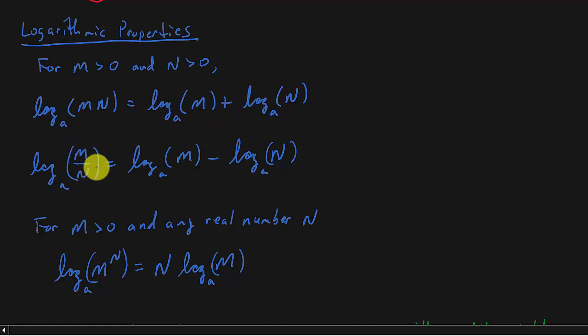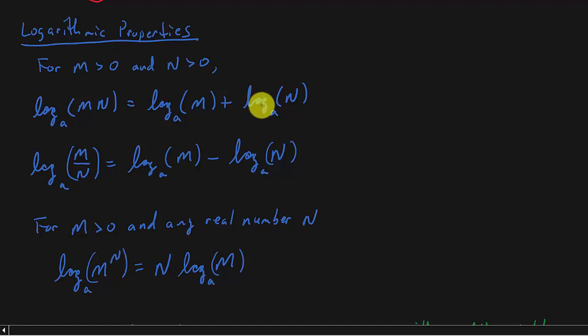And if we have division, m over n, we can split that up using subtraction. And for this one, all it's telling us is that we can take this exponent, pull it down in front, and multiply it to the log. And n is any real number for this one.